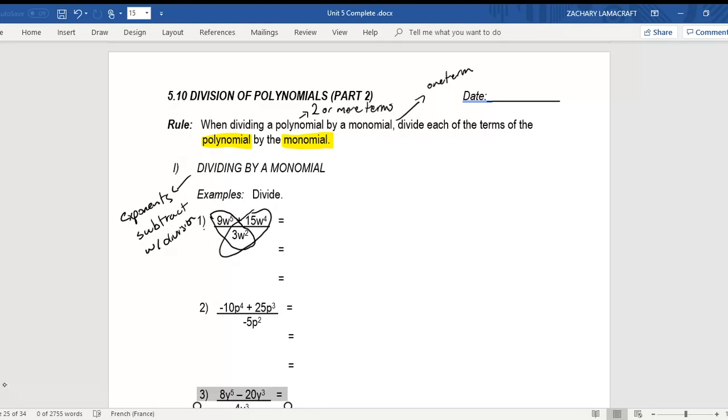So if we split this up, we do our numbers first, so it would be 9 divided by 3. And W to the power 5 divided by W2. We know that's just subtraction across there, okay? And then for our next term, we have 15 as our number divided by 3.